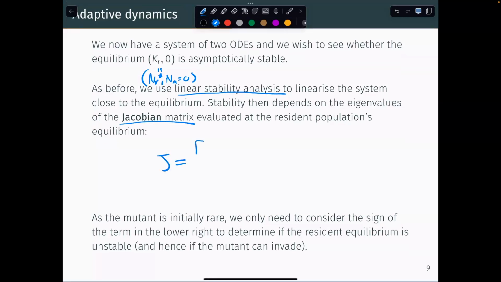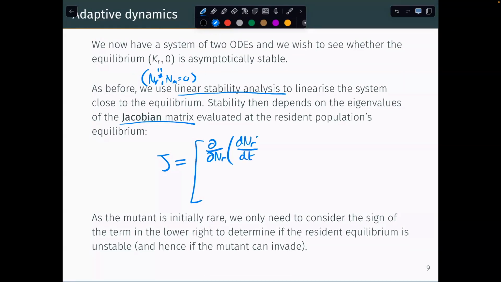Our Jacobian matrix, if you recall, we take the partial derivatives with respect to our two variables. Our two variables here are NR and NM, the population sizes for our resident and mutant populations, taking the derivatives with respect to those variables of our growth rates.